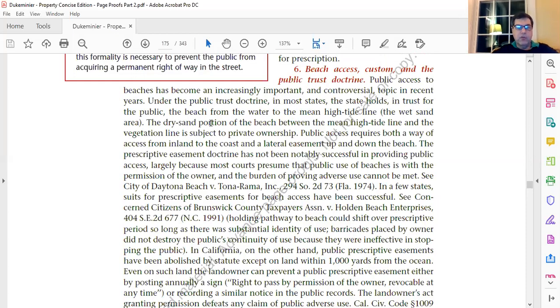The dry sand portion of the beach between the mean high tide line and the vegetation line is subject to private ownership. And so let me give you a figure to kind of show you what they're talking about.